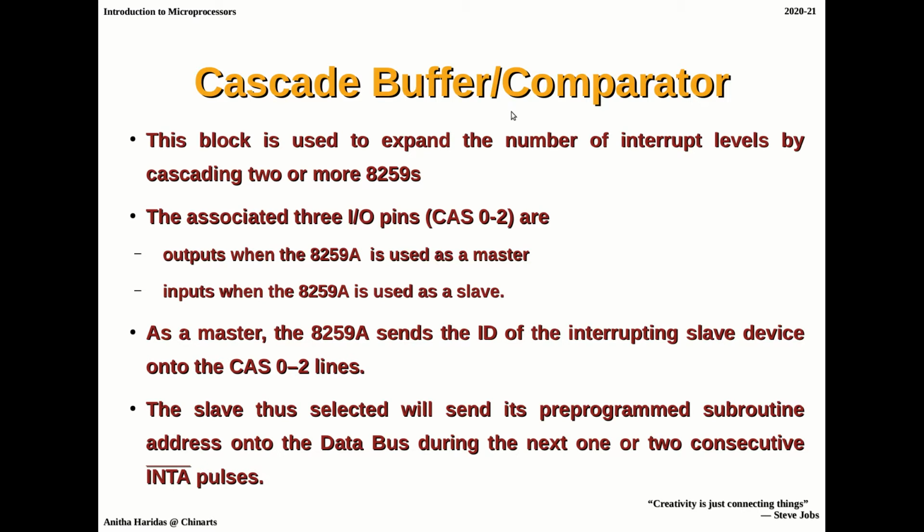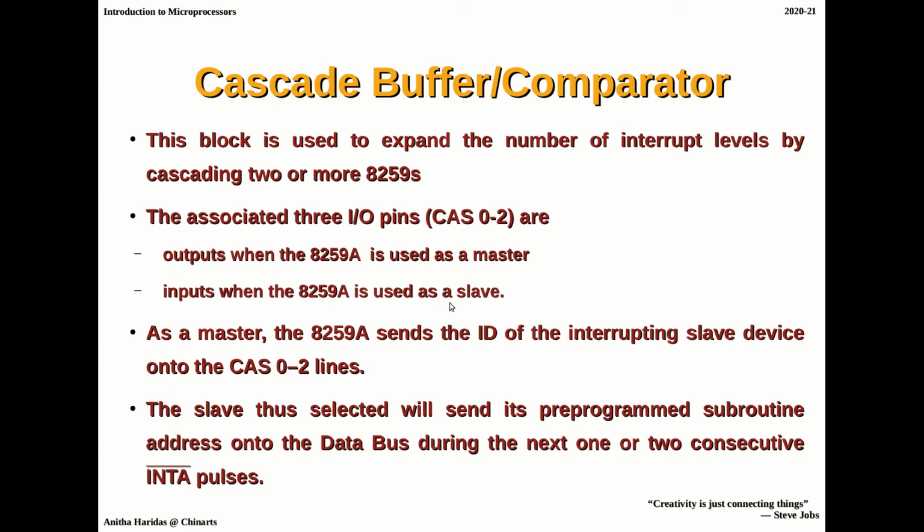The cascade buffer block has input output pins, cascade pins 0 to 2, and these will be acting as outputs when the 8259A is used as a master, whereas they will be used as input lines if it is used as a slave.